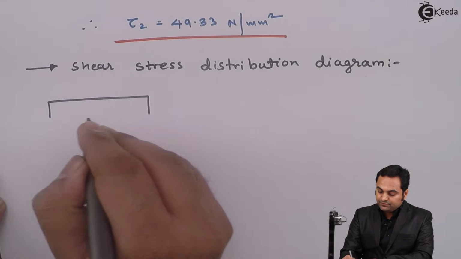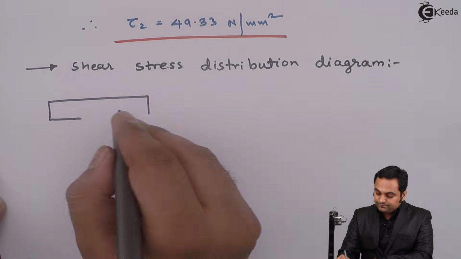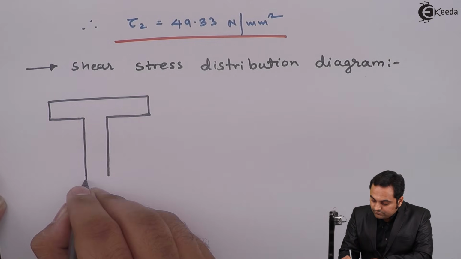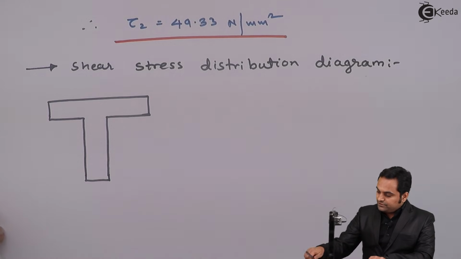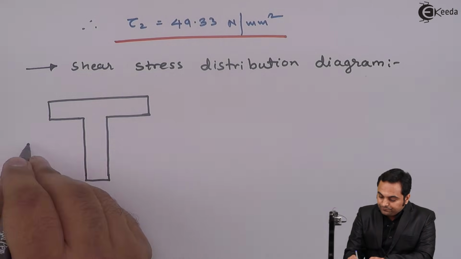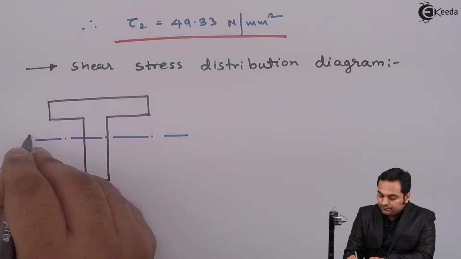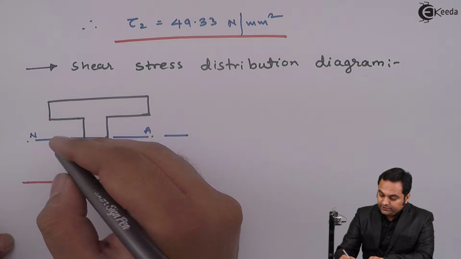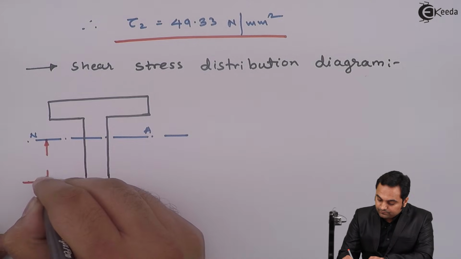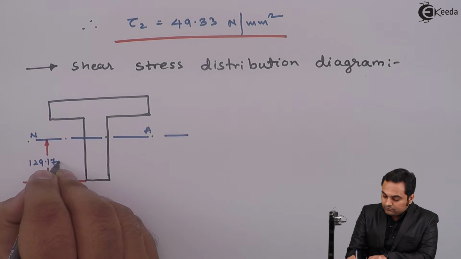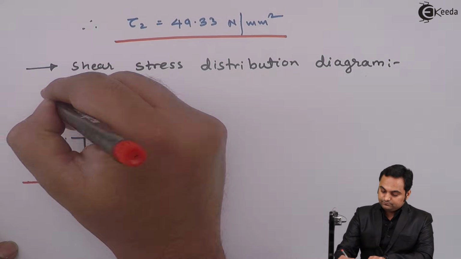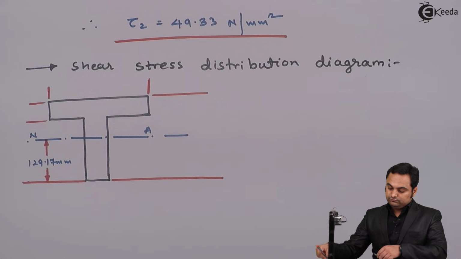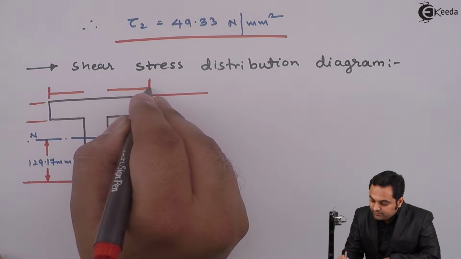First I'll draw that T section which was given in the question. Now here the T section was given and we have found out that the neutral axis was located at a distance of 129.17 mm. So I am marking all the dimensions here first.